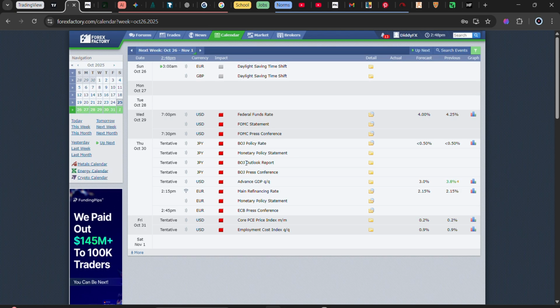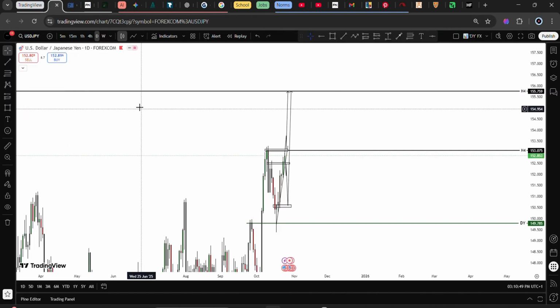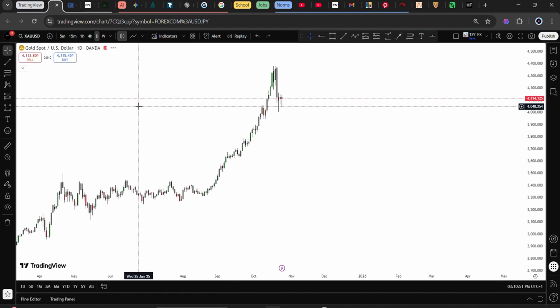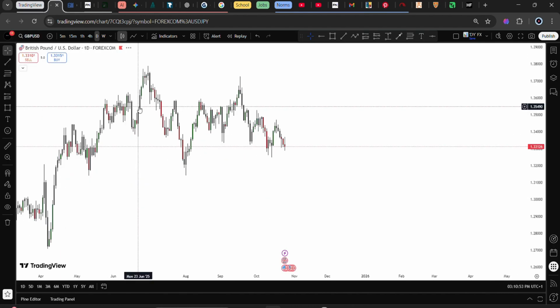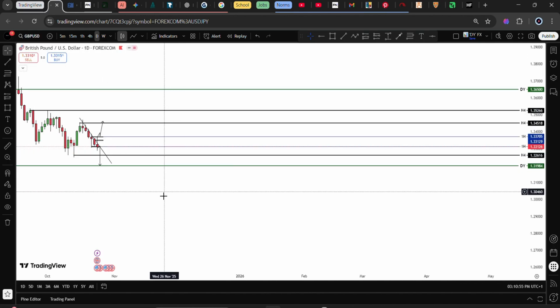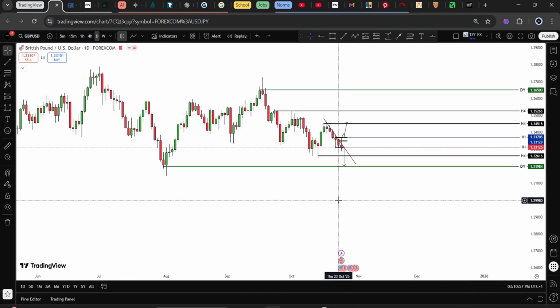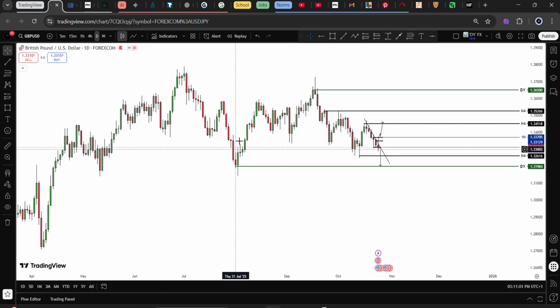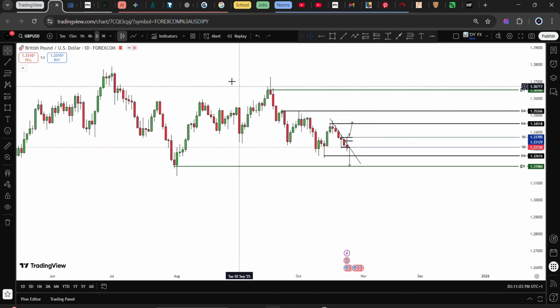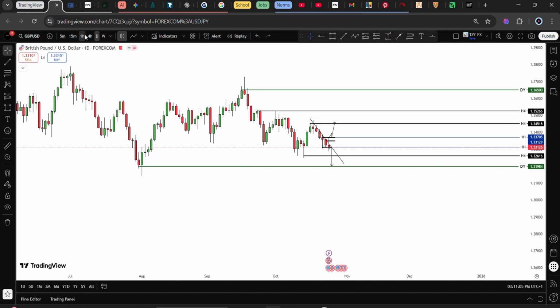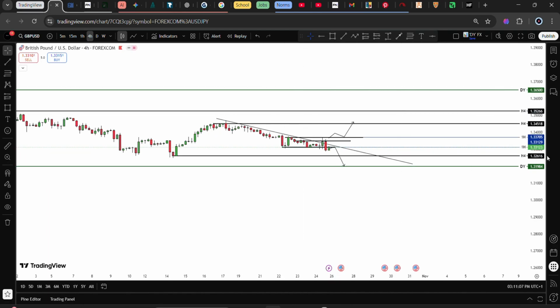So let's look at what we have on our charts. First, we'll be looking at GBP USD. On GBP USD, as we can see here, the market is a bit choppy. That's on the daily time frame. So let's go to the 4 hour time frame.